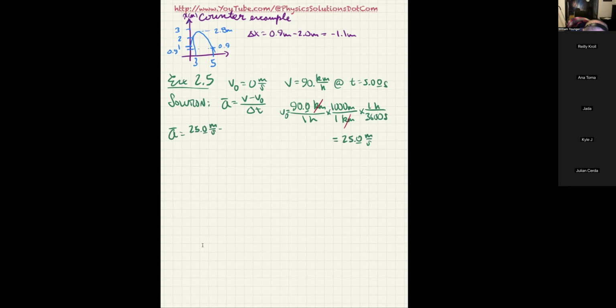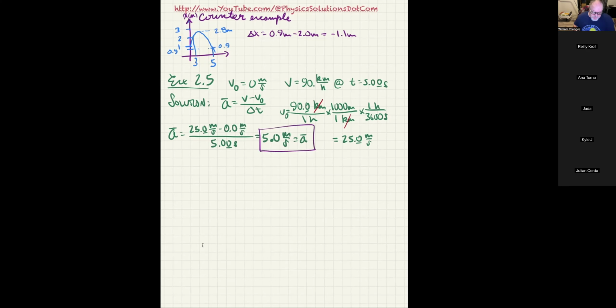That's not a sig fig, hence I underlined it. Minus 0.0 meters per second, all that divided by 5.00 seconds. Again, that second zero is not a sig fig. 25 divided by 5 is 5.0 meters per second, and that's my average acceleration.